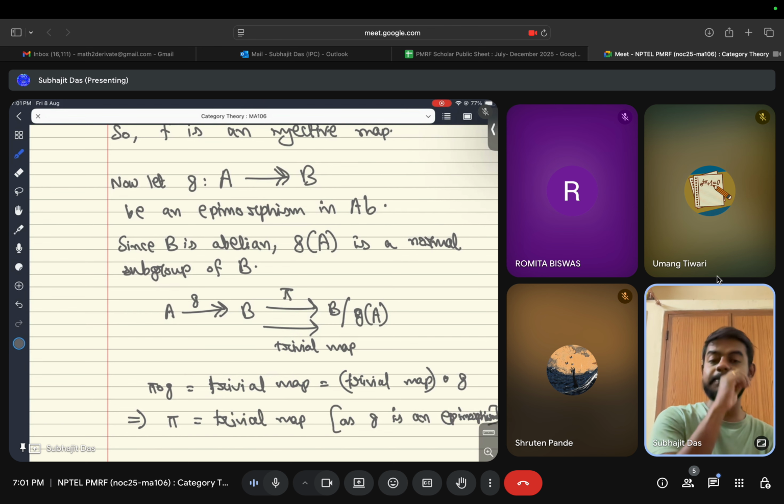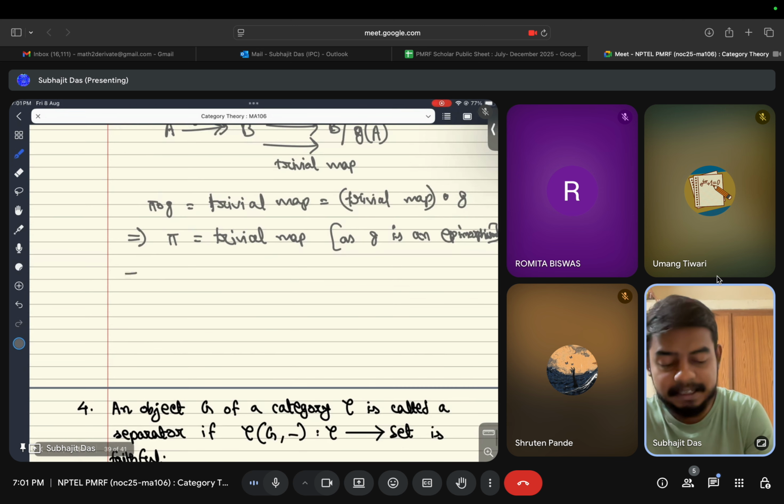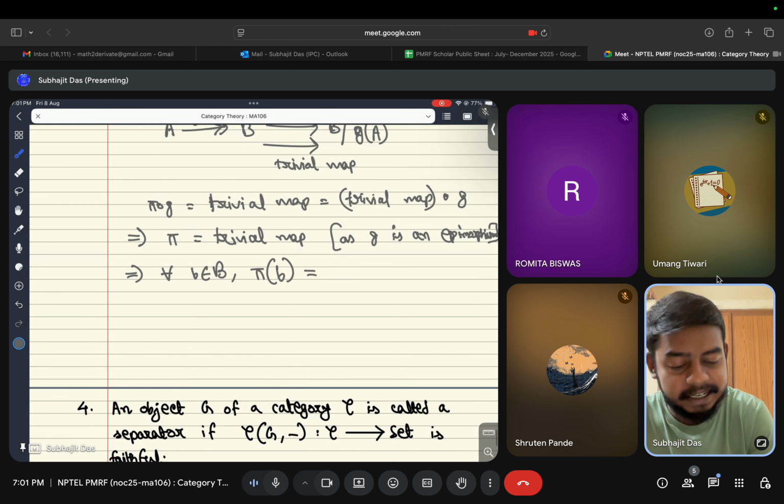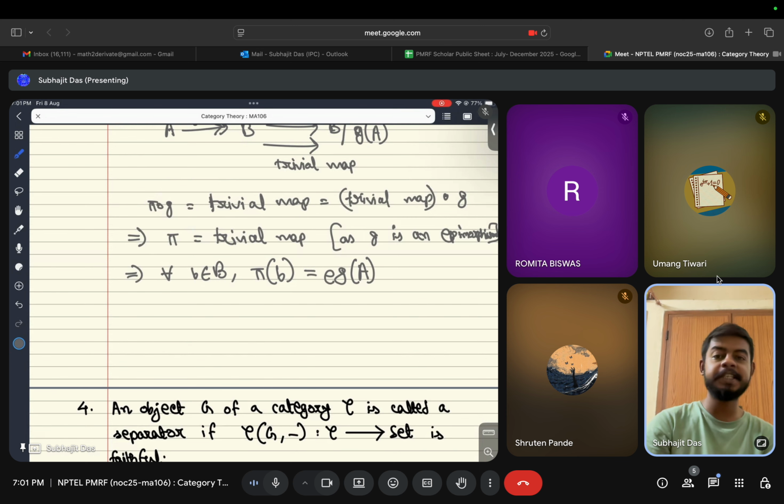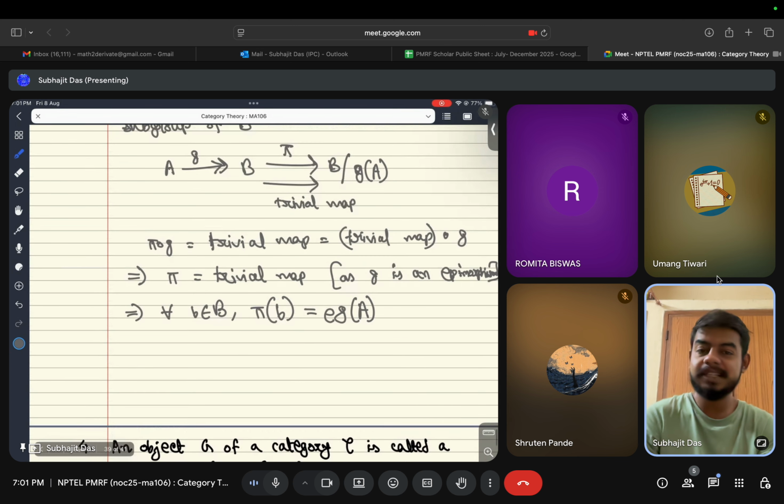Now what does the trivial map do? It sends every element of B to the identity element of the quotient B mod GA. So pi is equal to the trivial map implies that pi sends every element of B to the identity coset, which implies that for all little b in capital B, pi of b is exactly equal to the identity coset GA, right? What does that mean?